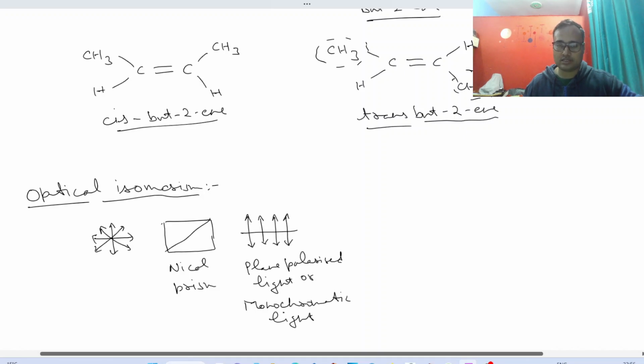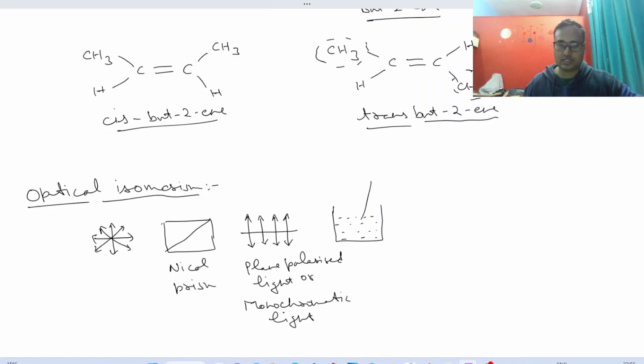When we pass plane polarized light or monochromatic light through a solution which contains an optically active compound, what does it do to the monochromatic light?